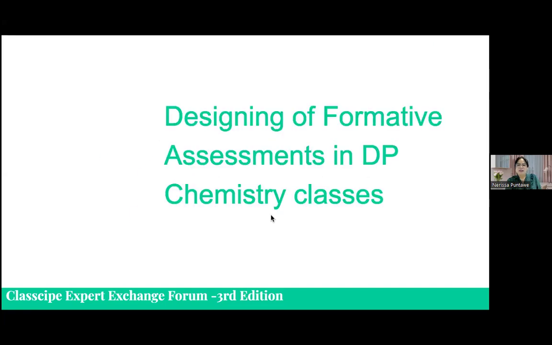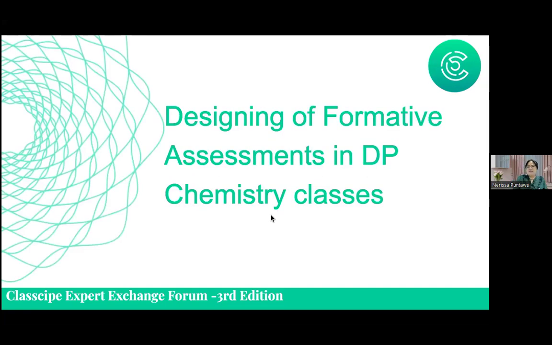So let's take a look at the formative assessments that I have designed in my classes. Here I will be sharing some of the practices I've done, and you will see that I have integrated the active learning that I discussed last forum.